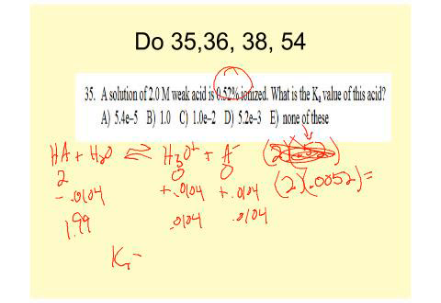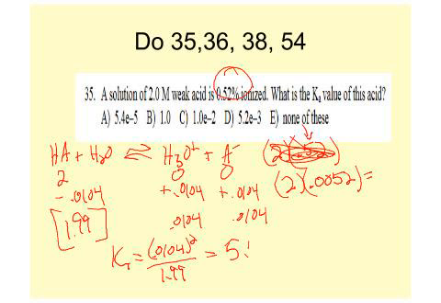So Ka is going to be 0.0104 squared divided by 1.99. And again, I'm using my equilibrium concentrations. I know mathematically the answer is not going to be any different, but you want to use your equilibrium concentrations when you're solving for K. 5.44 E negative 5. And there you go.